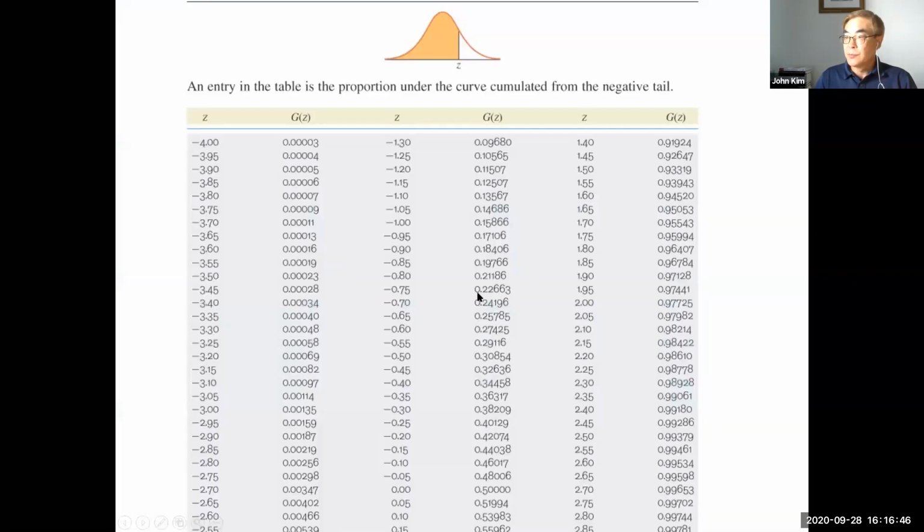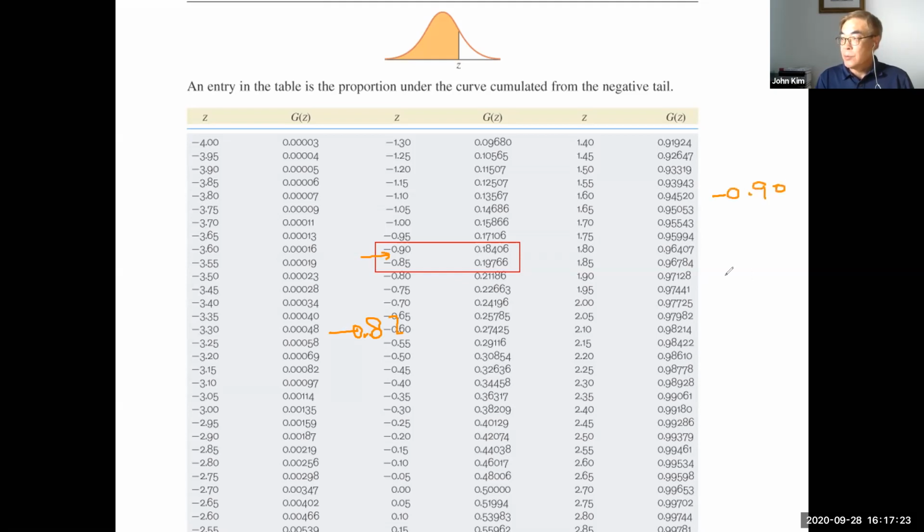Negative 0.87 is not there, not exactly, but it is between negative 0.90 and negative 0.85, and 0.86 is closer to negative 0.85.